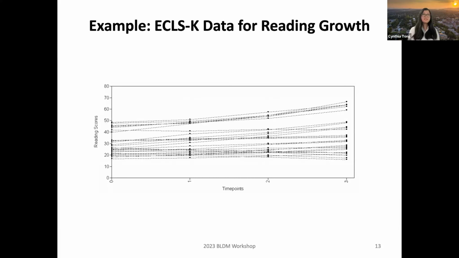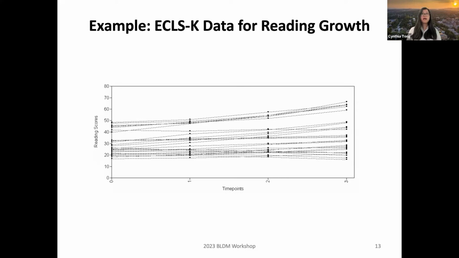Okay, so this is example data from the Early Childhood Longitudinal Study programs, ECLS, and the data shown here is the reading scores. From the trajectory plot, we see that all the subjects were measured at 4 time points, from the initial time point 0 to time point 3.